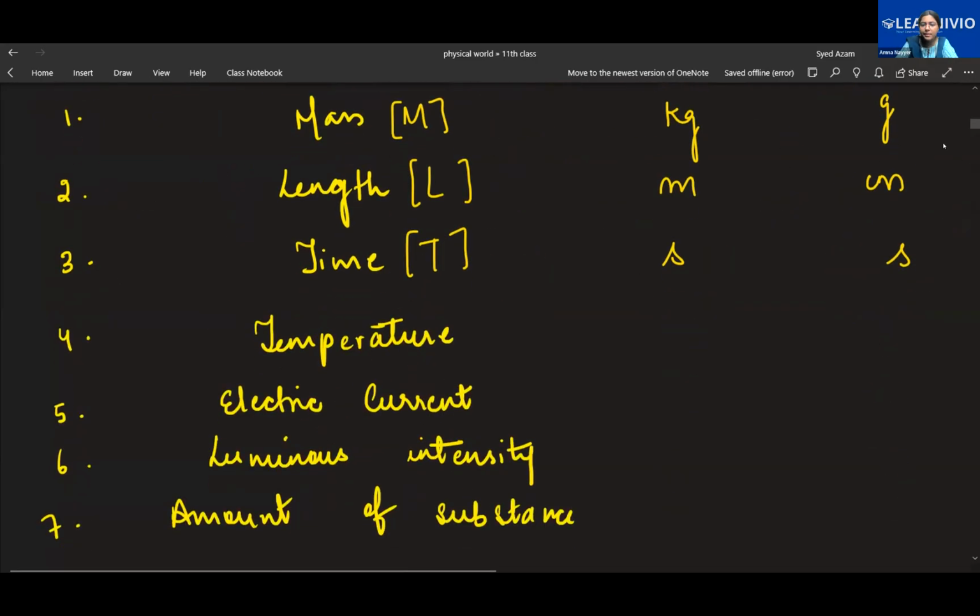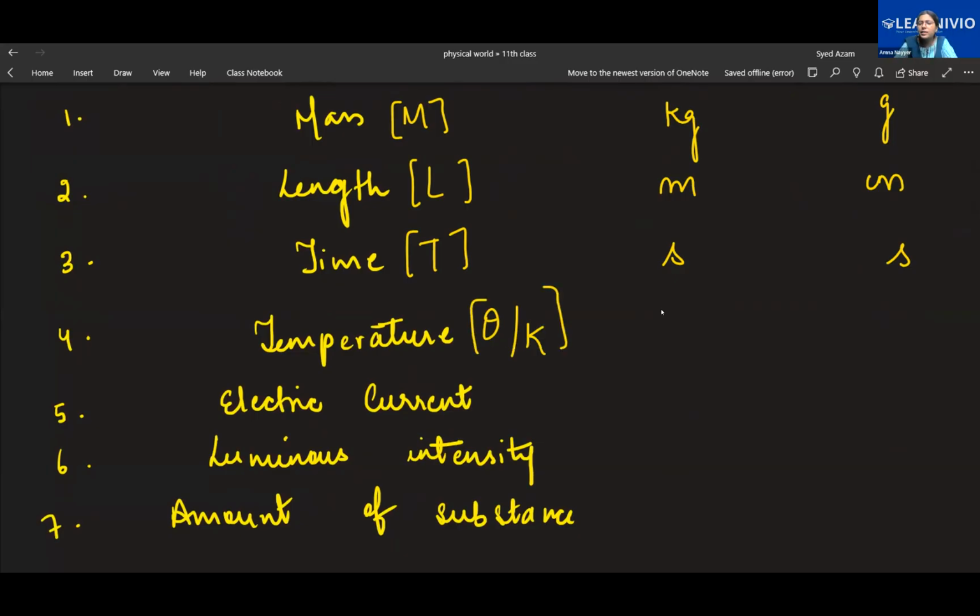Then we have temperature. The temperature portion will come in your class 11 second book, in the second half, as I told you in your first class also. In some books, temperature is represented by theta, and in some books by capital K for Kelvin, so both are valid.